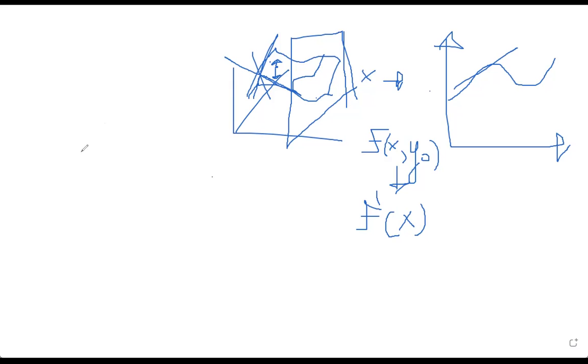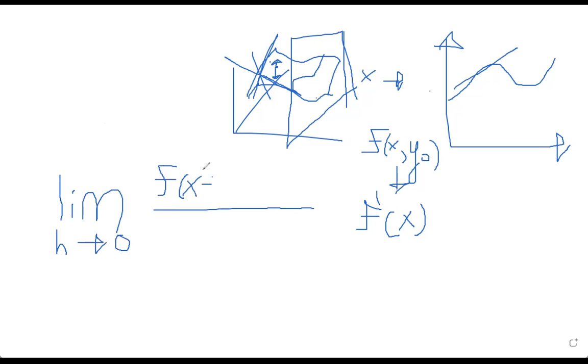And mathematically, in terms of how we would define this rigorously, we do this by taking the limit as h goes to 0, just like a normal derivative of our multivariate function f of x, y, and now we say f of x plus h comma y minus f of x, y, over h, right?